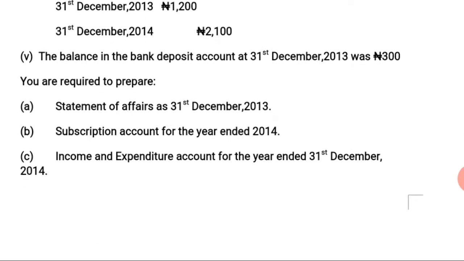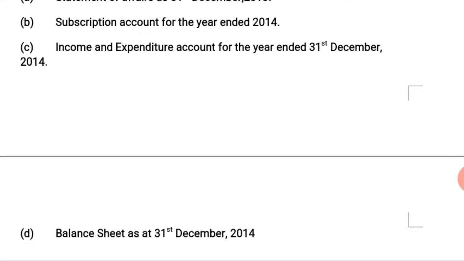Now, you are required to prepare a statement of affairs as at 31st December 2013, a subscription account for the year ended 31st December 2014, and an income and expenditure account for the year ended 31st December 2014, as well as the balance sheet as at 31st December 2014.